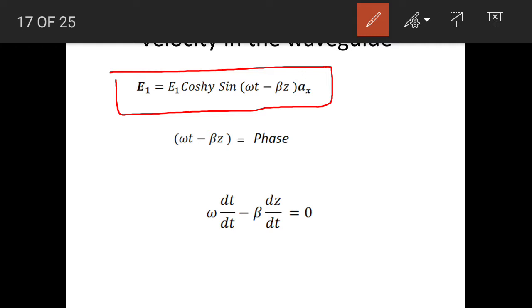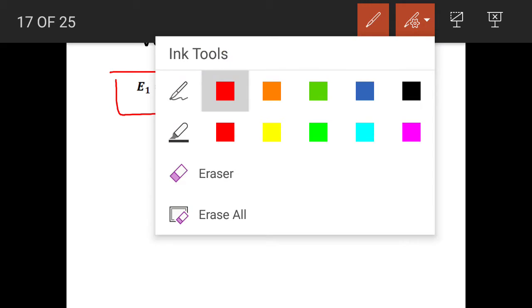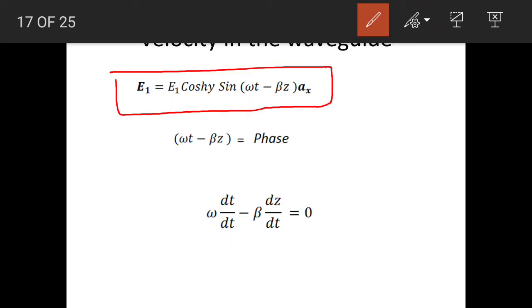E1 is equal to E1 cos hy sine of omega t minus beta z, and this electric field intensity is in the direction of the unit vector ax. You see, omega t minus beta z is known as the phase of the light wave, and we know that the phase of the light wave is always equal to a constant.